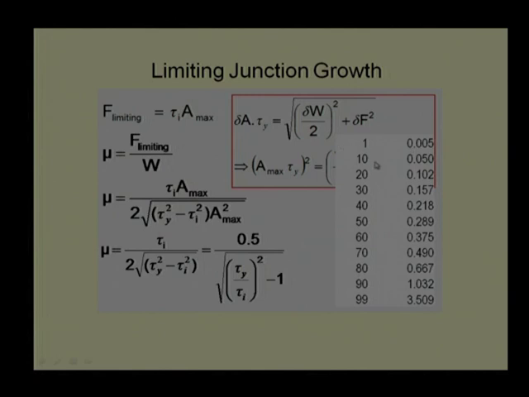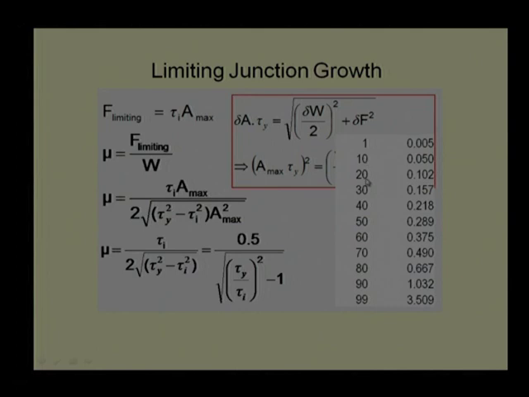If we increase that to 10%, meaning the interface shear strength is 10% of the soft material shear strength, then the coefficient of friction also increases 10 times. Earlier it was 0.005, now it is 0.05.